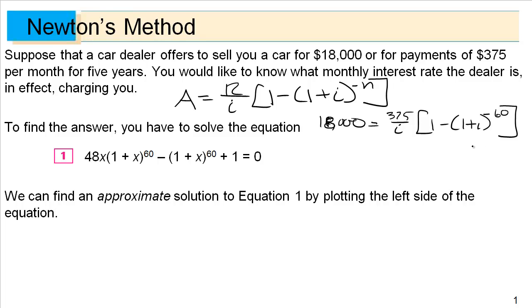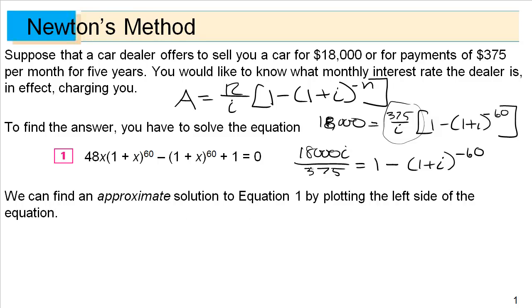Okay, first thing I want to do is get rid of this parentheses. So I'm going to multiply both sides by I over 375, basically the reciprocal of this piece, to get rid of it. So now I'm going to have 18,000 I over 375 is going to equal 1 minus 1 plus I to the negative 60.